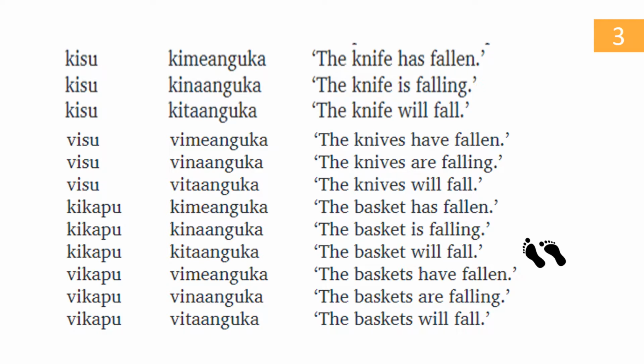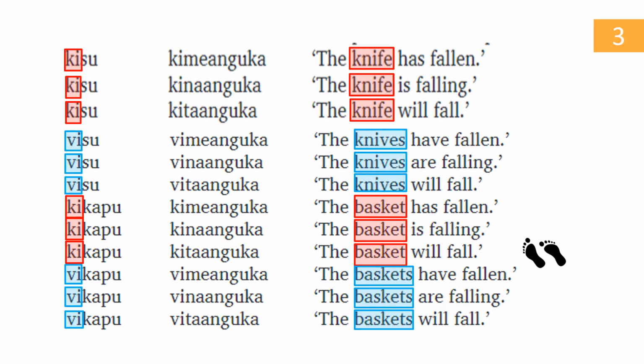However, in sentences like kisu kimeanguka, meaning the knife has fallen, a singular noun is observed, yet a different prefix is used instead.